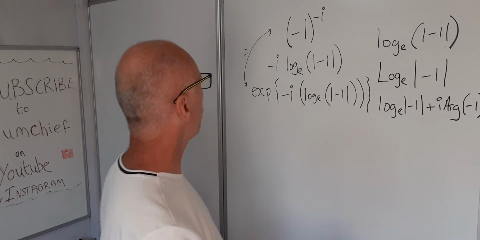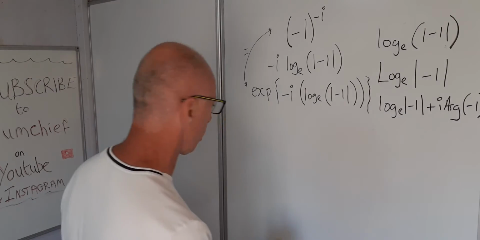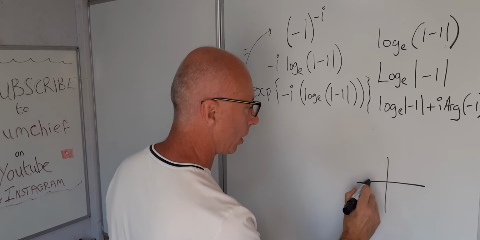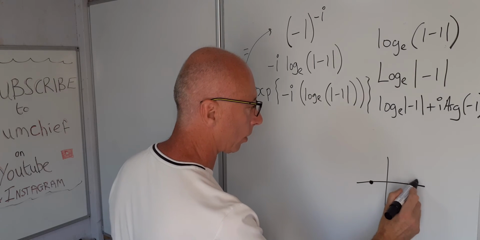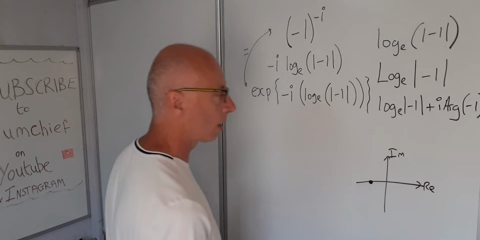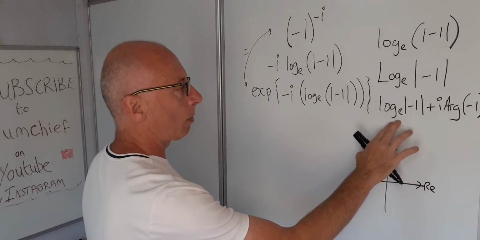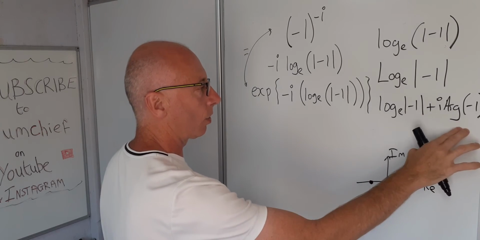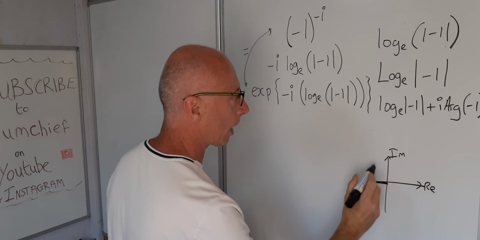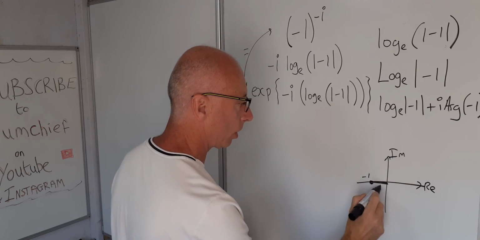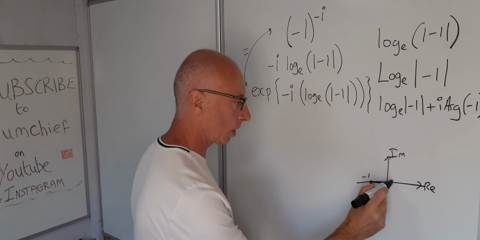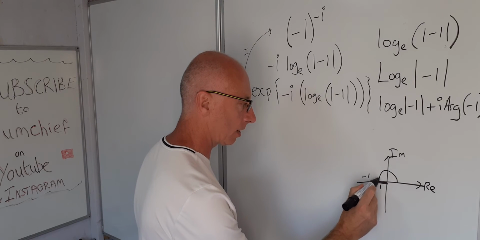Just drawing this up on the diagram, minus 1 will appear here somewhere on the graph. That's our reals, that's our imaginaries. When we're dealing with these two terms, we need to know the modulus. As that is out at minus 1, we know the modulus is 1. And we need the argument, which is the angle from the positive real axis.